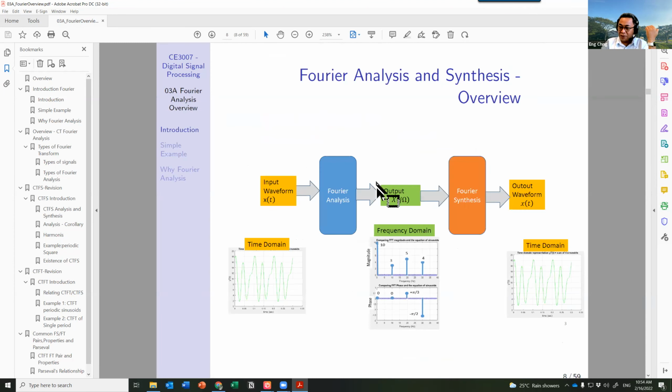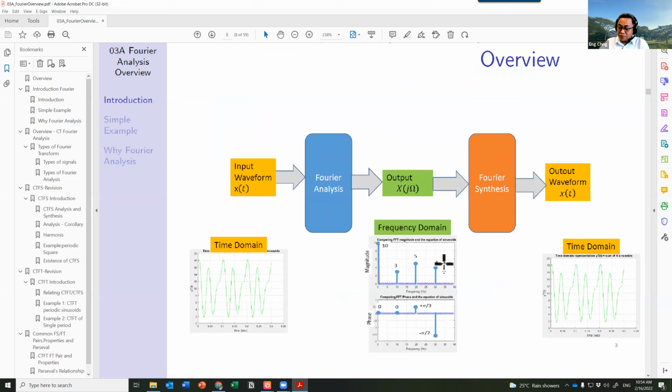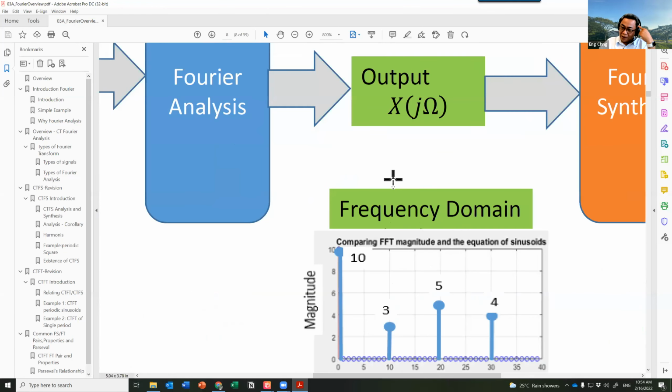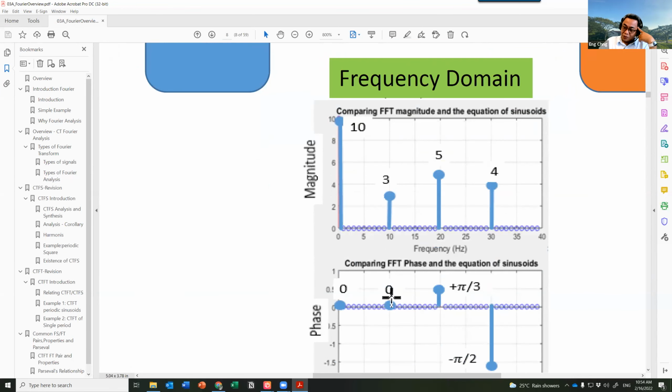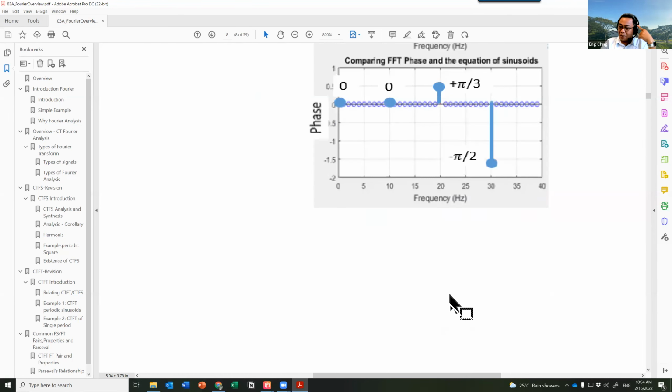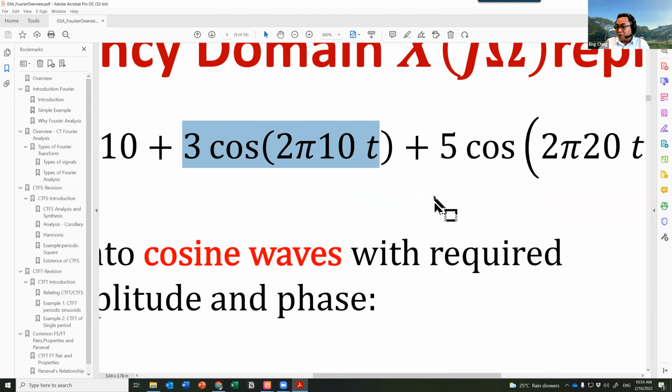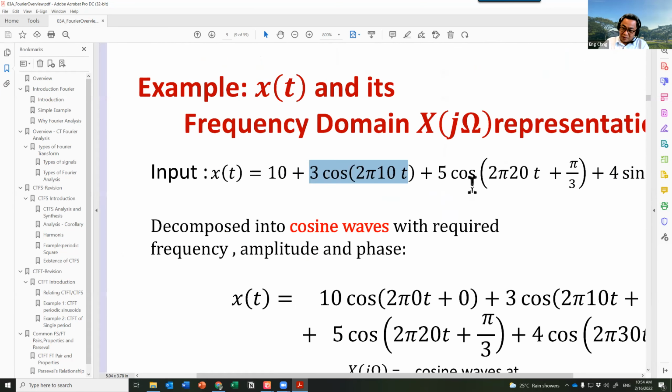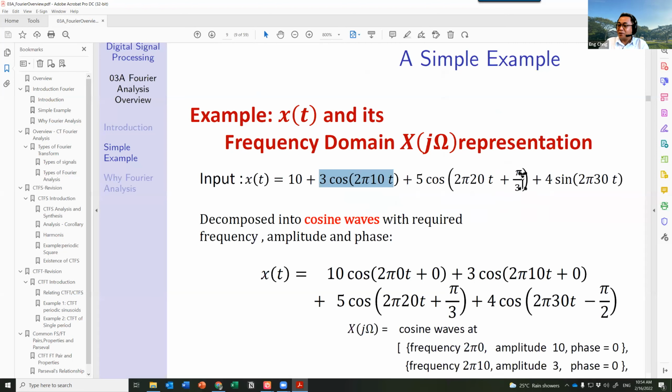Let's see our figure. 3 at 10 hertz with phase shift of 0. Now I can guess this one: 5 at 20 hertz with phase shift of plus pi over 3. Let's figure it out. 5, 20 hertz, pi over 3.